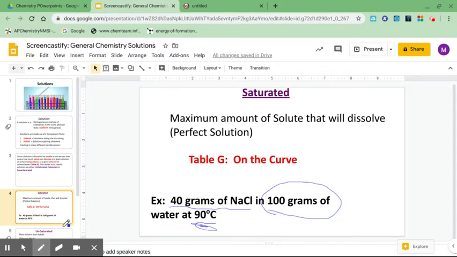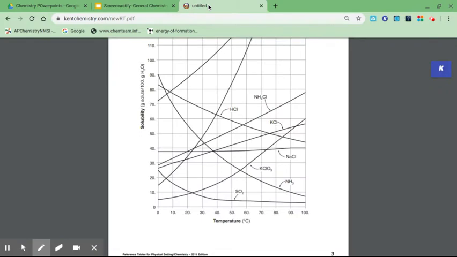So now let's go take a look to see what it actually is. Remember that the question was NaCl, which is right here, at 90 degrees Celsius in 100 grams of water. So 90 degrees Celsius, NaCl in 100 grams of water is right there.